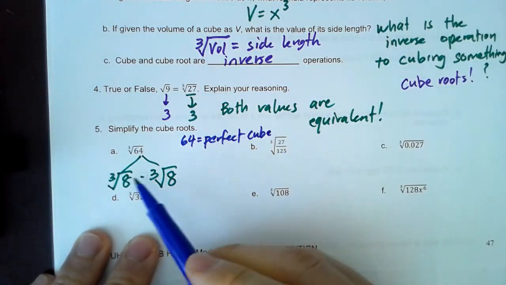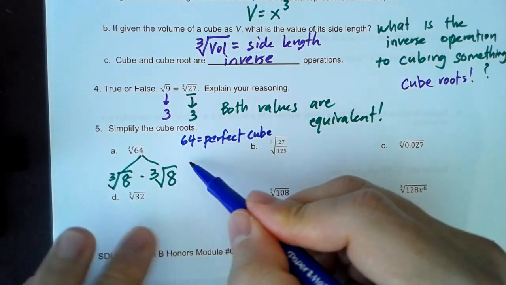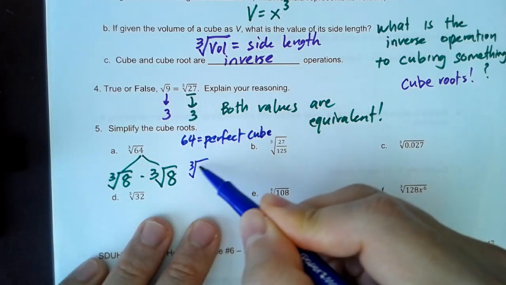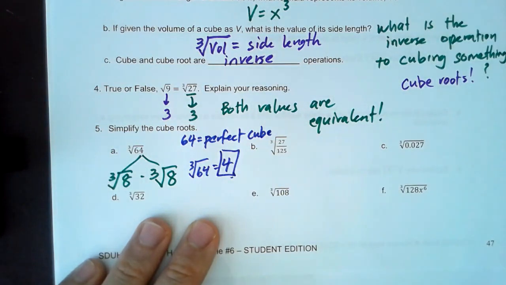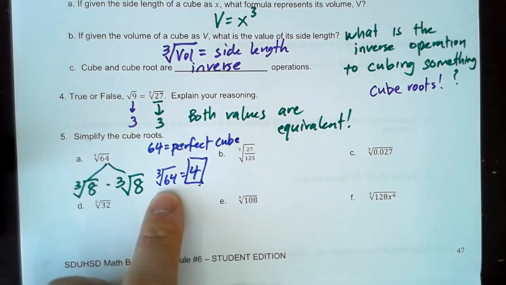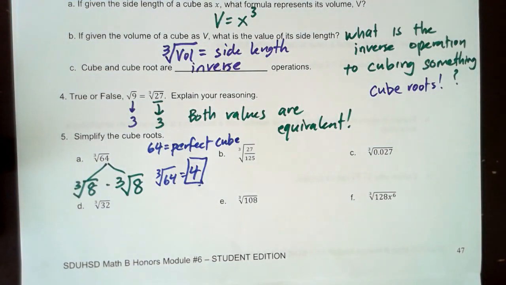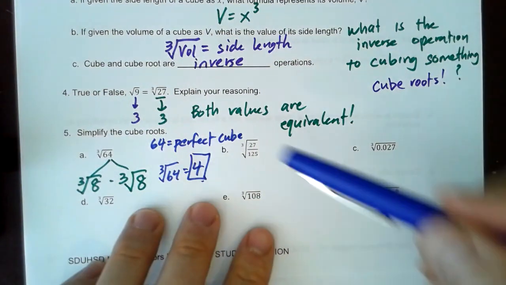Right? Did we even have to extend this? No. We know that the cube root of 64 is just simply 4. 4 times 4 times 4 is going to equal 64.